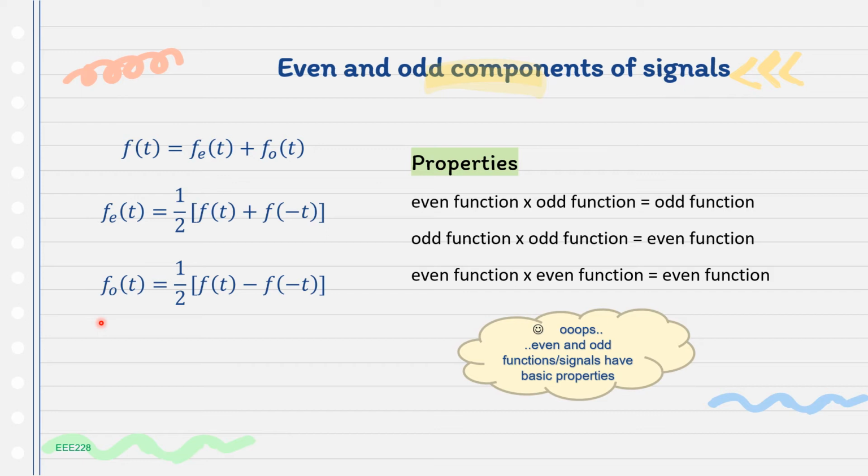All signals are composed of the even and the odd component, where the even component is given by this equation and the odd component is given by this equation.